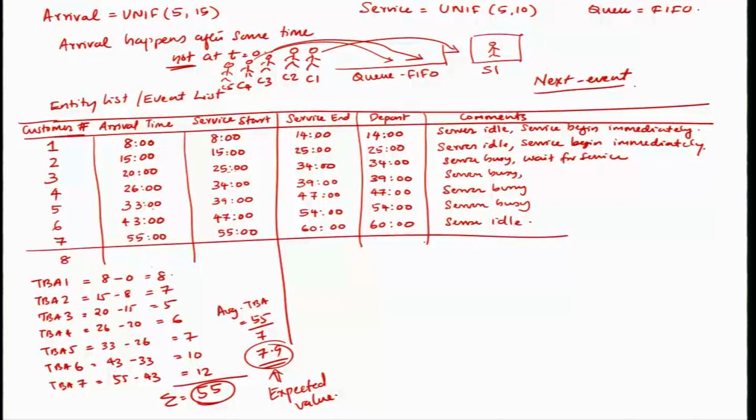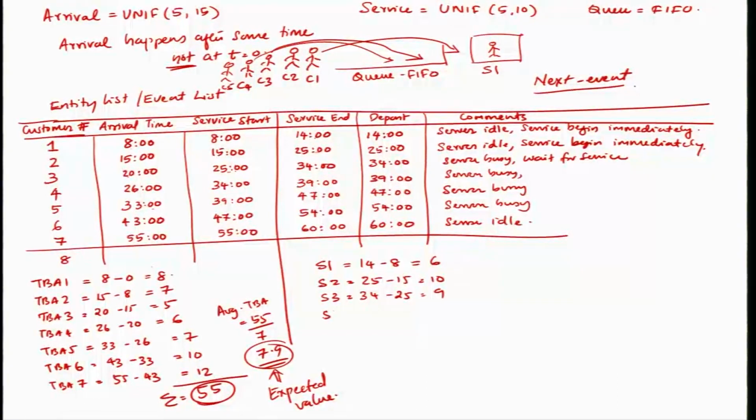Now, similarly, let us look at the service times. The service time S1 is equal to 14 minus 8, that is 6. S2 is service end minus service start, 25 minus 15, that is 10. S3 is 34 minus 25, that will be 9.